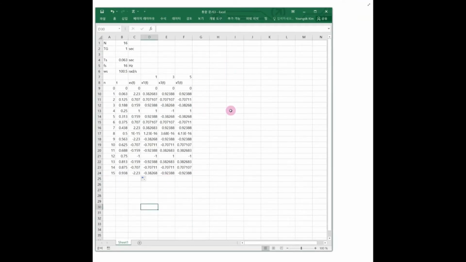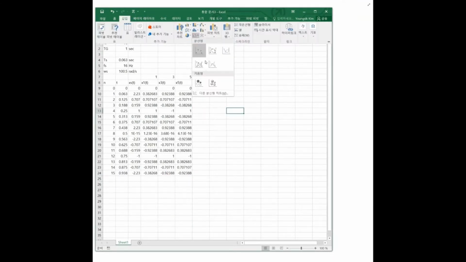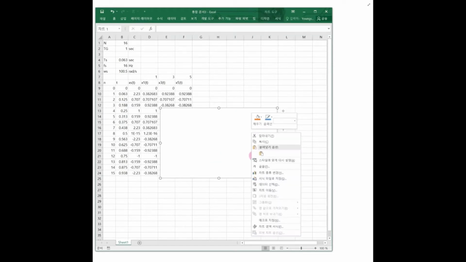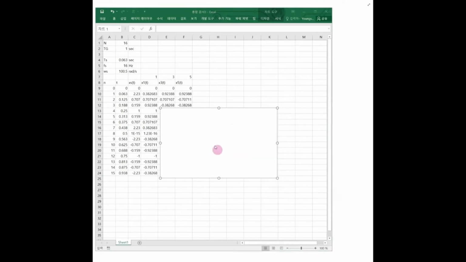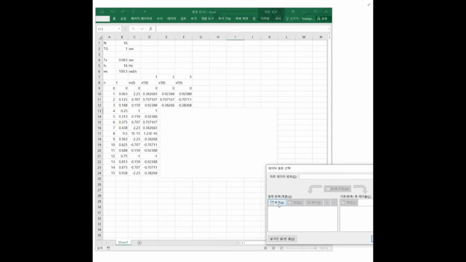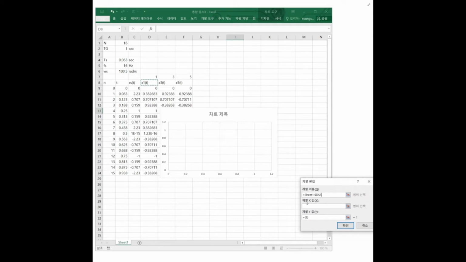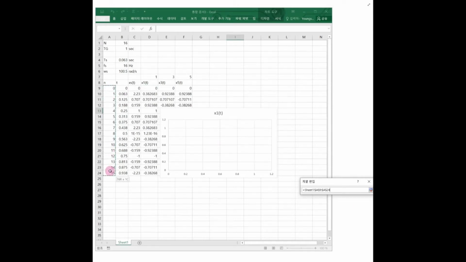I'd like to insert a chart. Data, choosing. The first one is the fundamental frequency component. The index is changing from here, and the signal is this one.